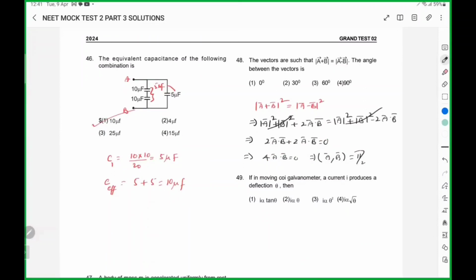So here in the moving coil galvanometer, we have a rectangular coil having n turns.